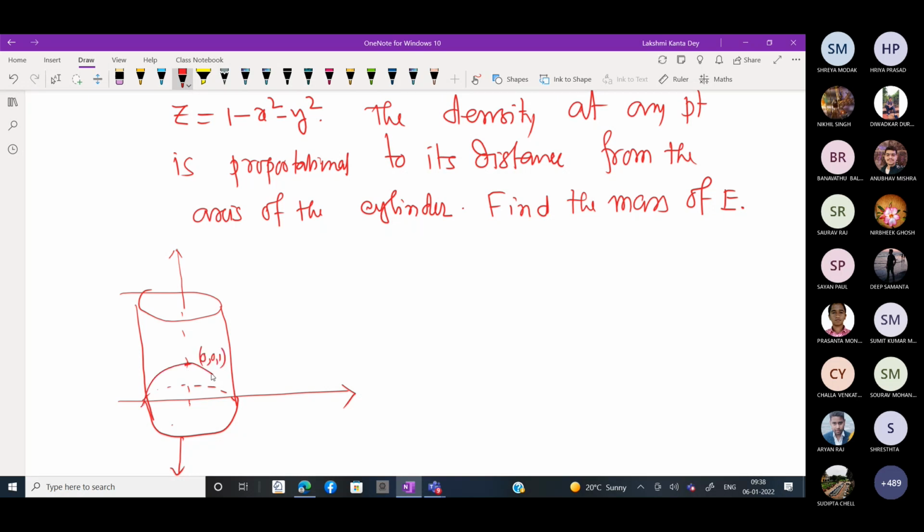So it will be like this. This part particularly, z is equal to 1 minus r square. 1 minus x square minus y square, that means ultimately it will be z equal to 1 minus r square. And this is basically z equal to 4.